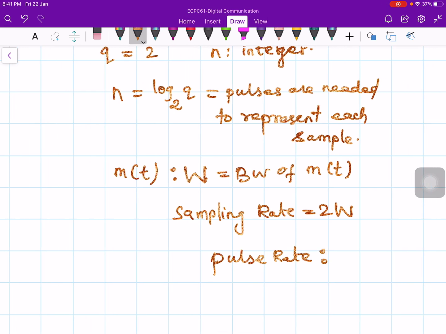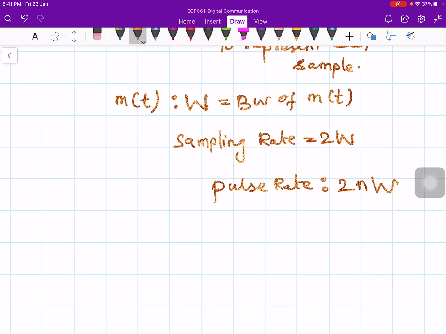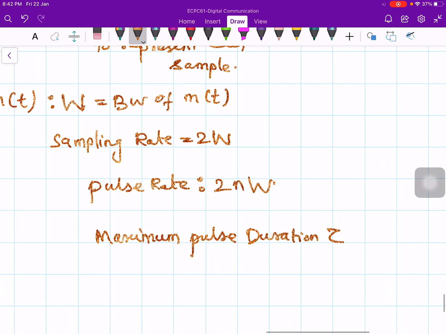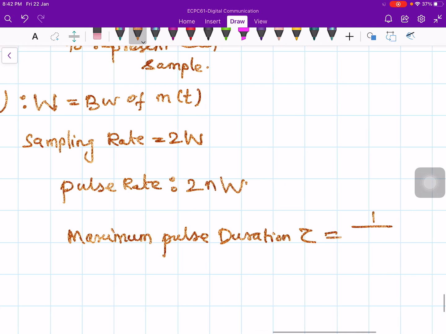Therefore the pulse rate is 2nW. Therefore the maximum pulse duration tau is equal to 1 over 2nW.